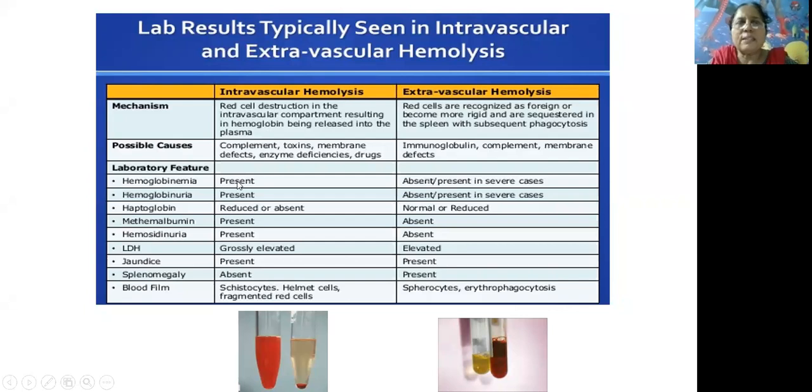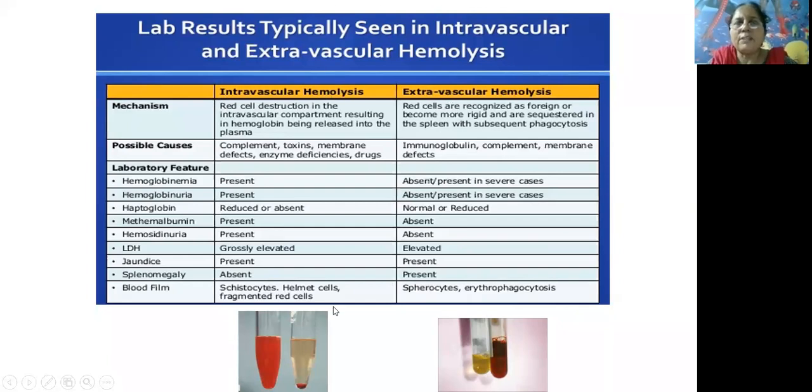Hemoglobinemia is present here. Hemoglobinuria present. Haptoglobin is not there. Methemalbumin present. Hemosideruria present. LDH is elevated, that is, whenever there is a cell turnover, it will be present. Jaundice is present, and this is an important feature. No splenomegaly in intravascular.